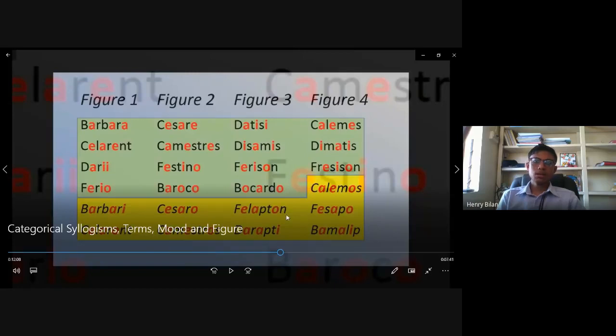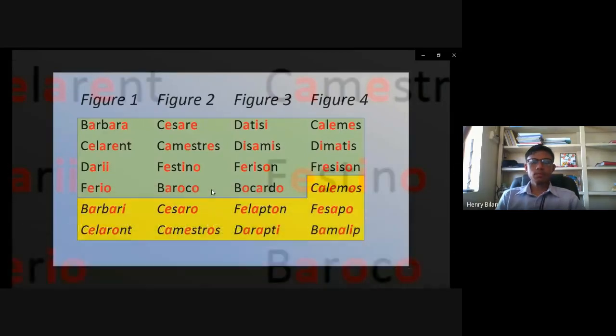Sir, yung mga naka-yellow, anong mga yan? These are conditional. So, conditional ang kanilang validity. It means that they can either be valid or invalid. If the condition is met for their validity, then they are valid.